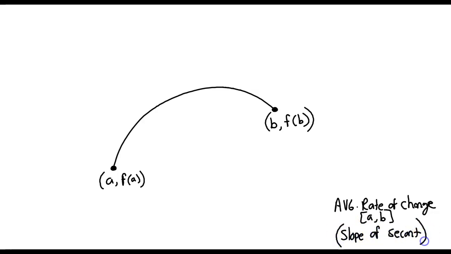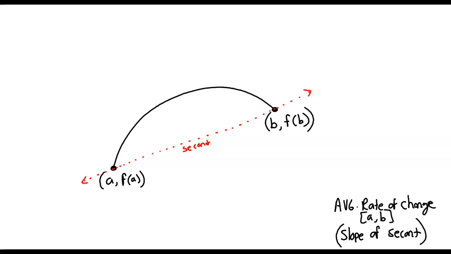Okay, so do you guys remember what a secant line is? What is a secant line? A secant line is a line that connects your first point to your last point. A straight line. And the slope of that line represents the average rate of change.